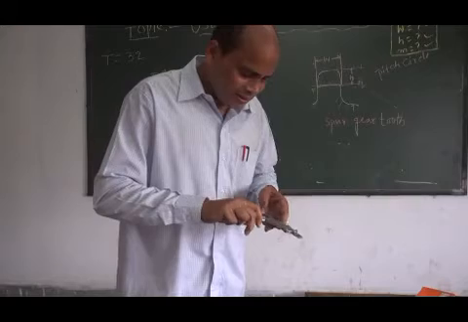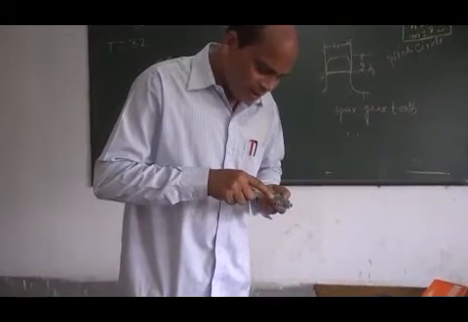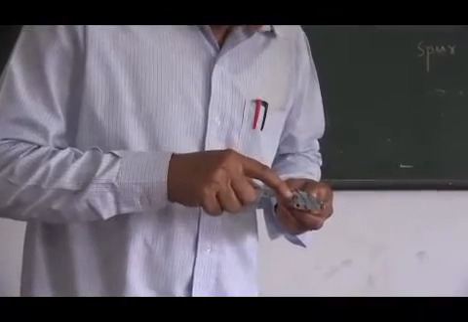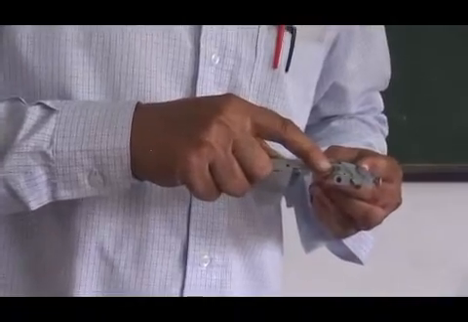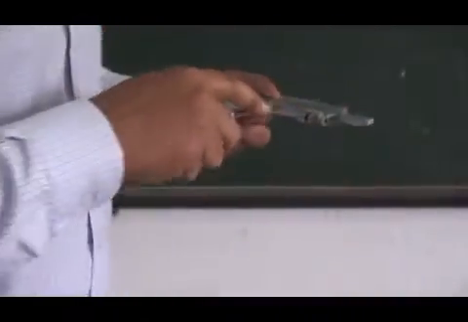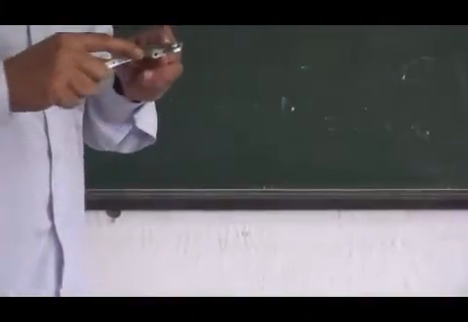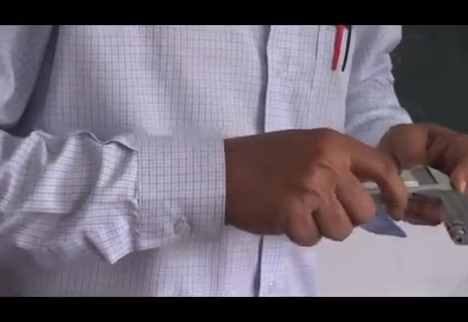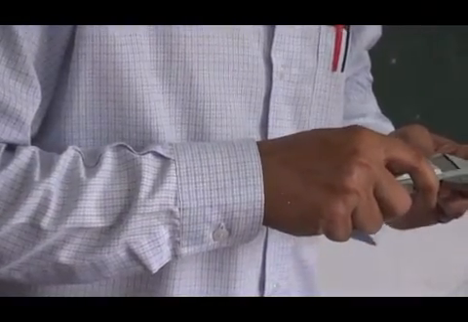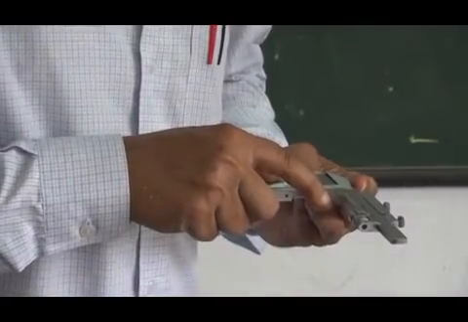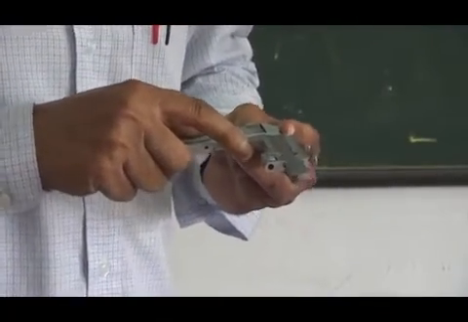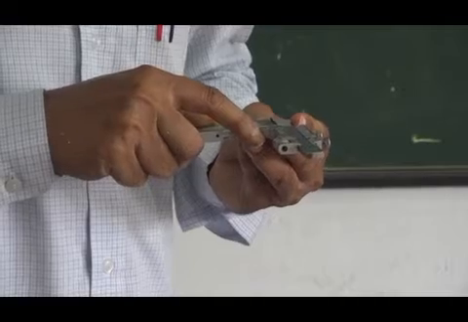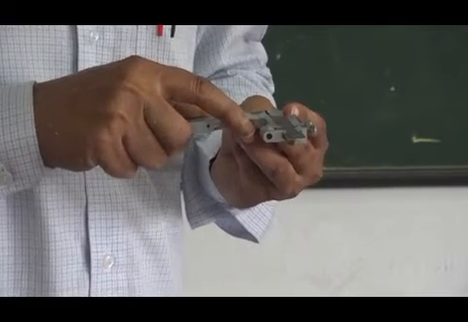The vernier 0 will be in between 1 and 2, not more than 2, because the reading is 1.62, so 0 will be in between 1 and 2.